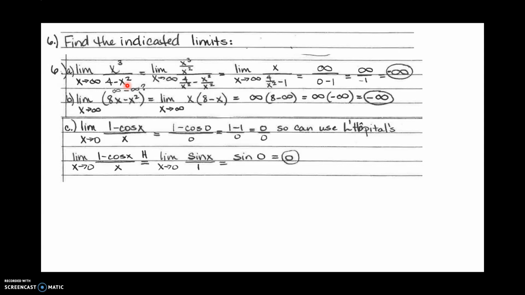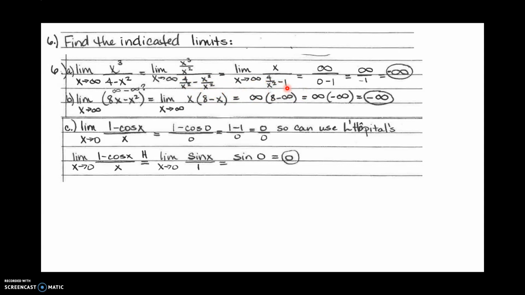I could use L'Hopital's there. I also could use the method that we used earlier where we divided everything by the highest power of x in the denominator. Either way you want to go, if we divide everything by the highest power of x in the denominator, the x squared, you can see each of those terms divided here. That's going to leave me with x in the numerator, and then here 4 over x squared, and here x squared over x squared would be 1.